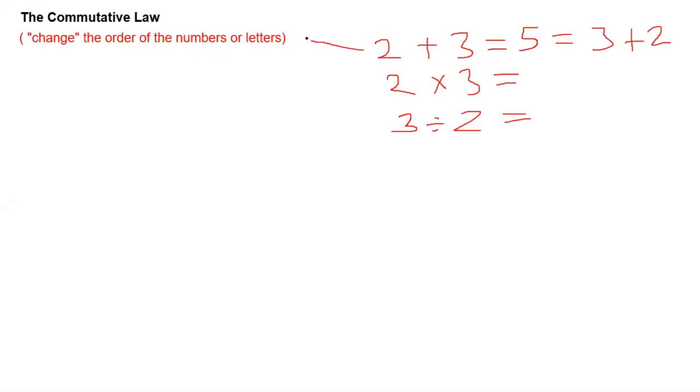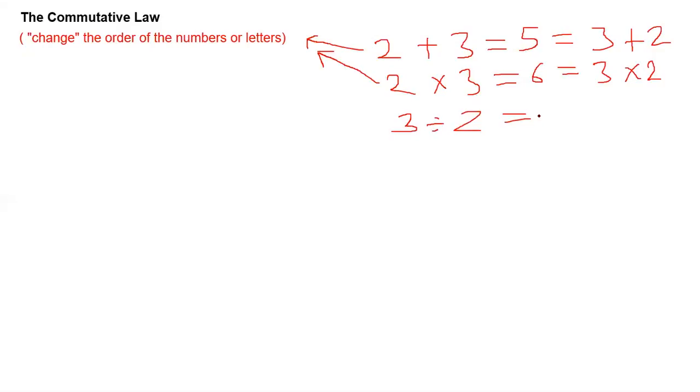Let us now try to look at this one here. 2 times 3, you get 6. Is it the same as 3 times 2? If you're still getting 6, then multiplication is also commutative.